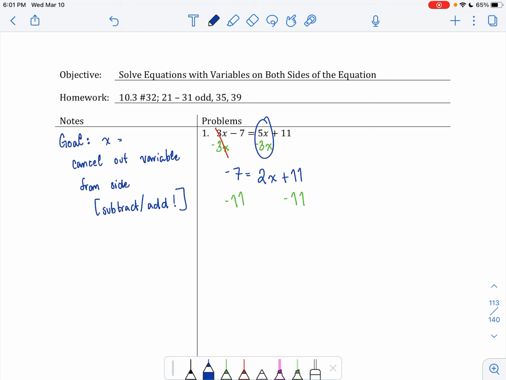Negative 7 minus 11 is going to be even farther negative, so it's going to be negative 18 is equal to 2x, since the 11 cancels out here. When we divide by 2 on both sides, negative divided by a positive is a negative, 18 over 2 is 9, and we get x by itself, so our final answer is x equals negative 9.